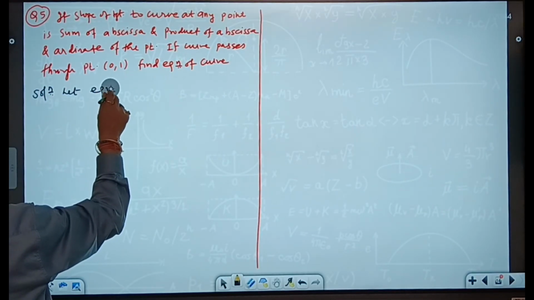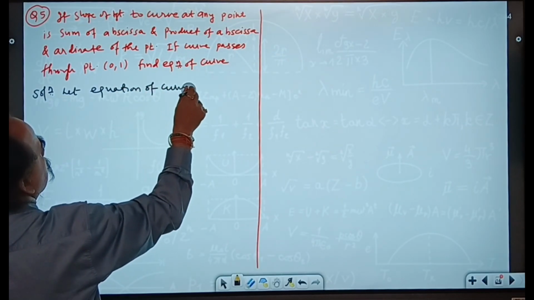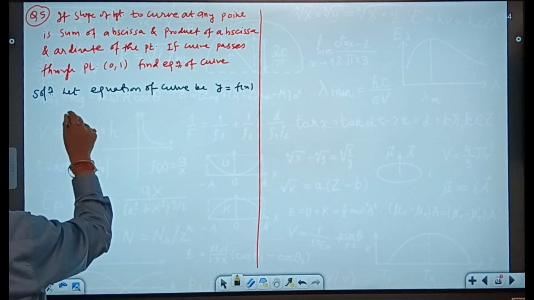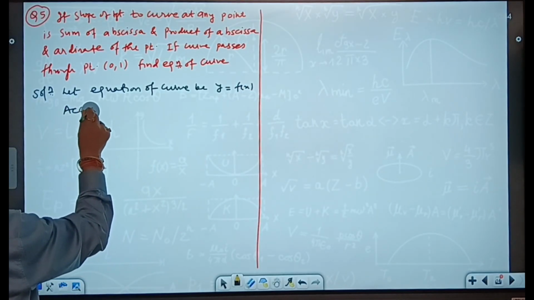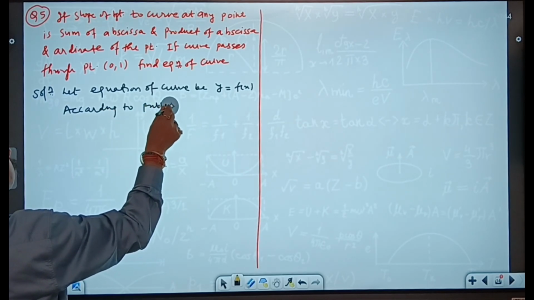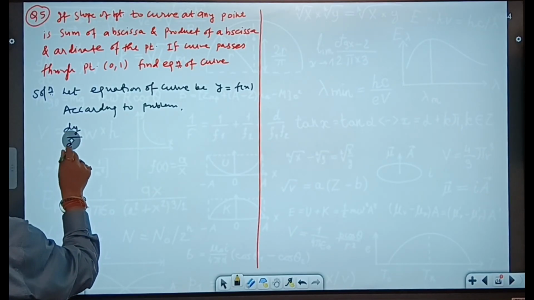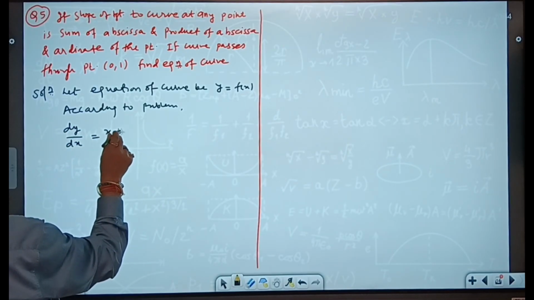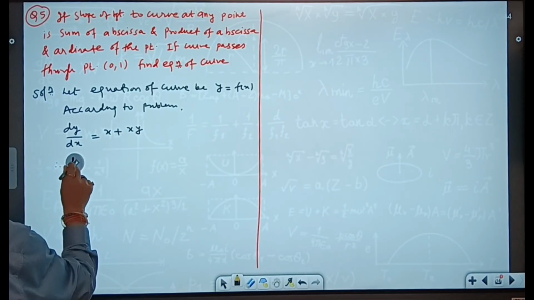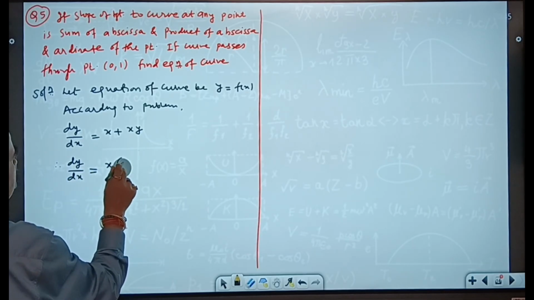Let the equation of the curve be y is equal to f x. According to the problem, dy by dx is what? x plus xy. x common, 1 plus y.